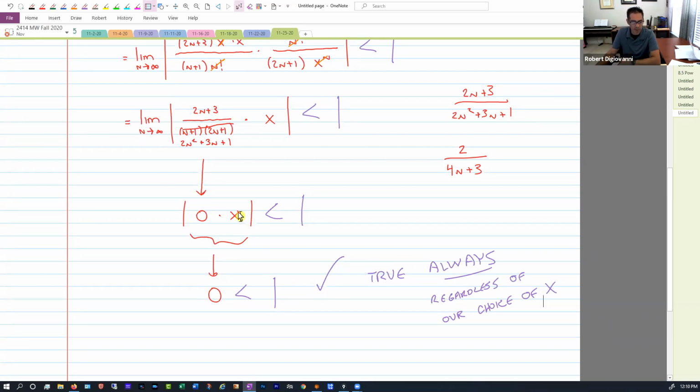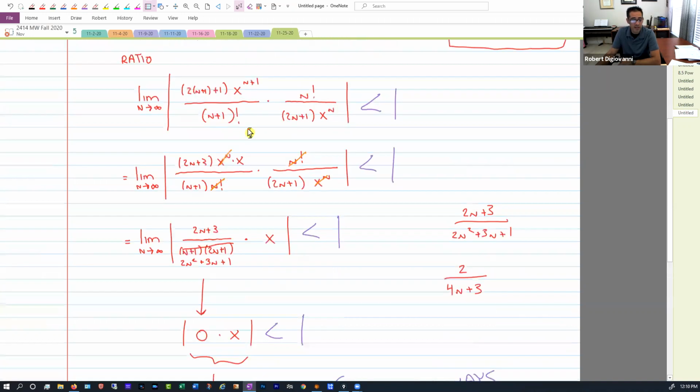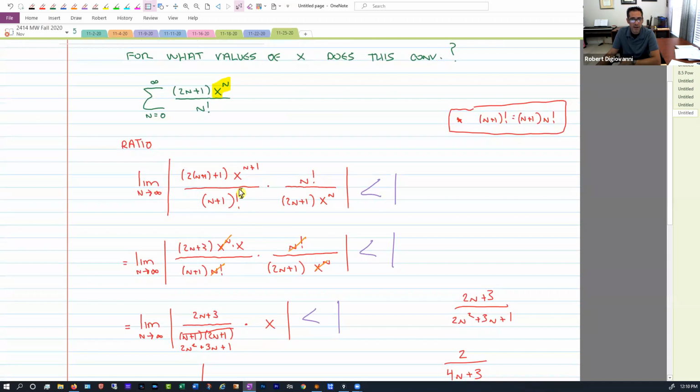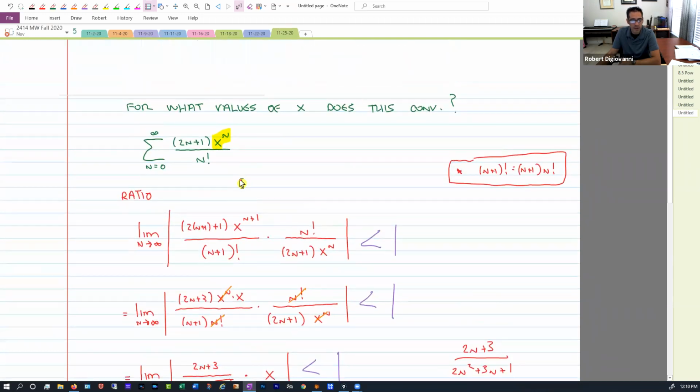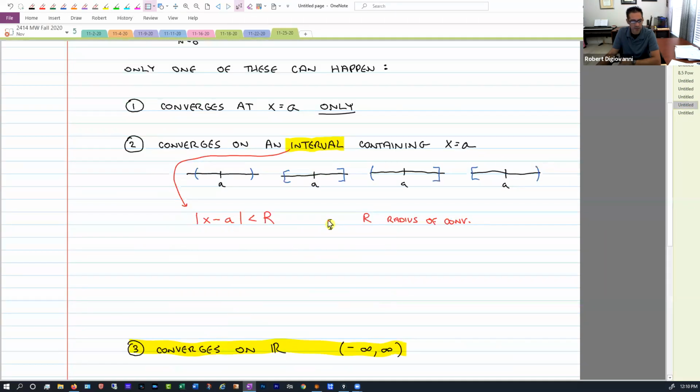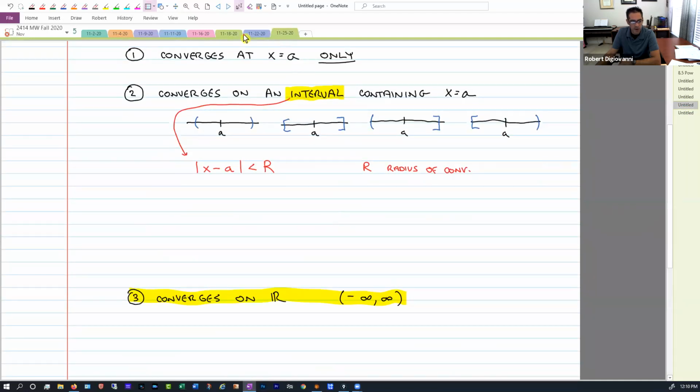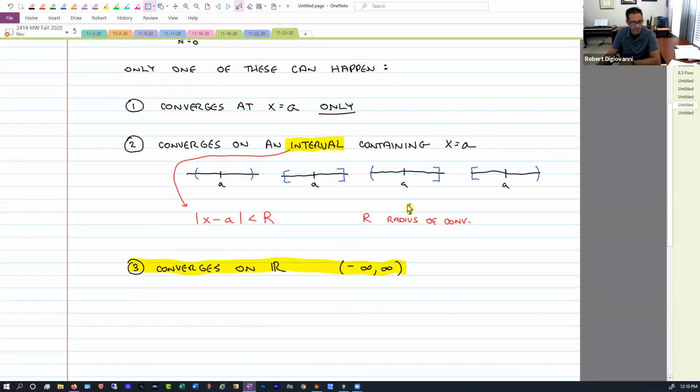Doesn't matter. If you replace that with 10, this is still going to 0. -4, fine. That times 0 is going to 0, right? Regardless of x, this thing converges, right? Regardless of x. So of the three options for convergence, which of the three do we have? 1, 2, or 3?